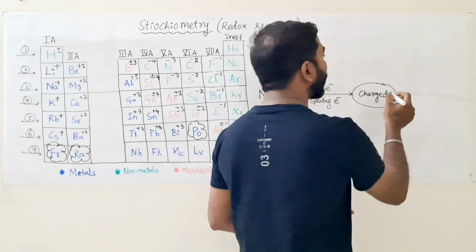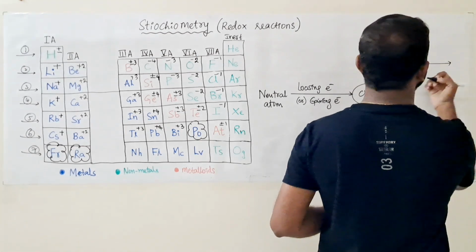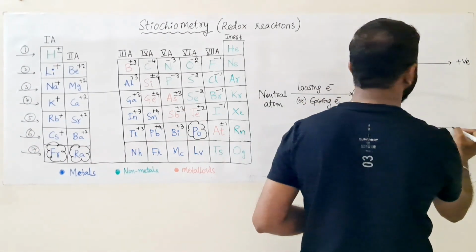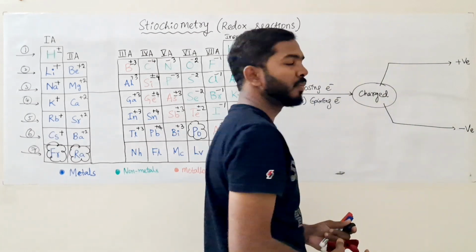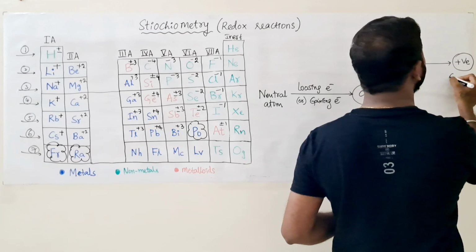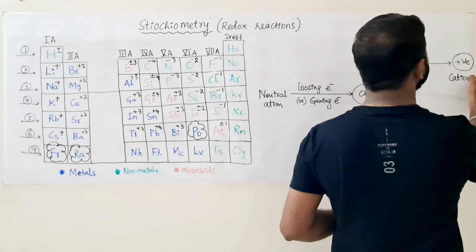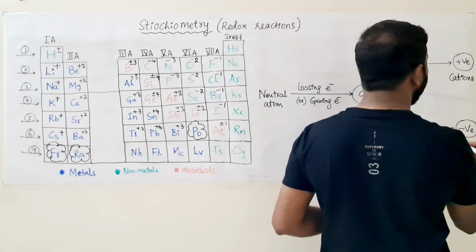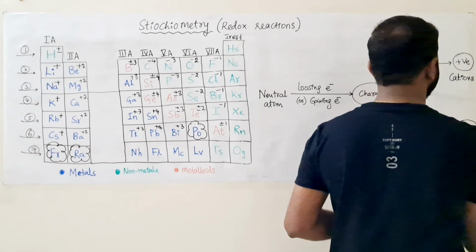Yes. And now when we think about charges, we have positive charge and negative charge. Generally, the positively charged chemical species are called cations, and the negatively charged species are called anions.